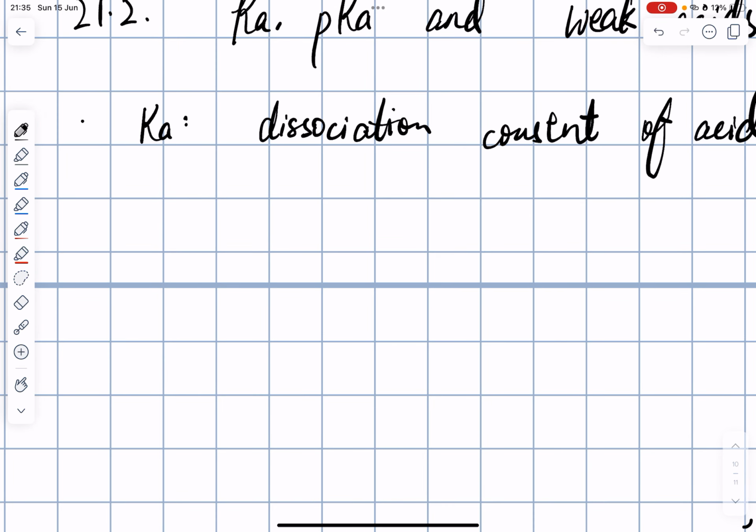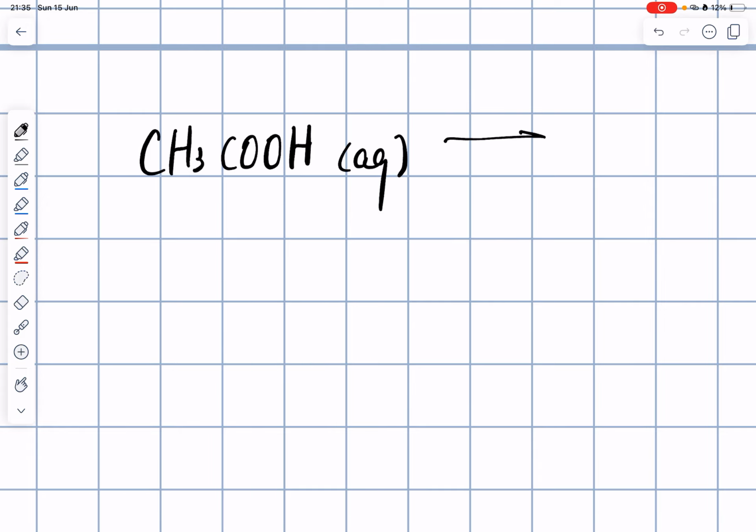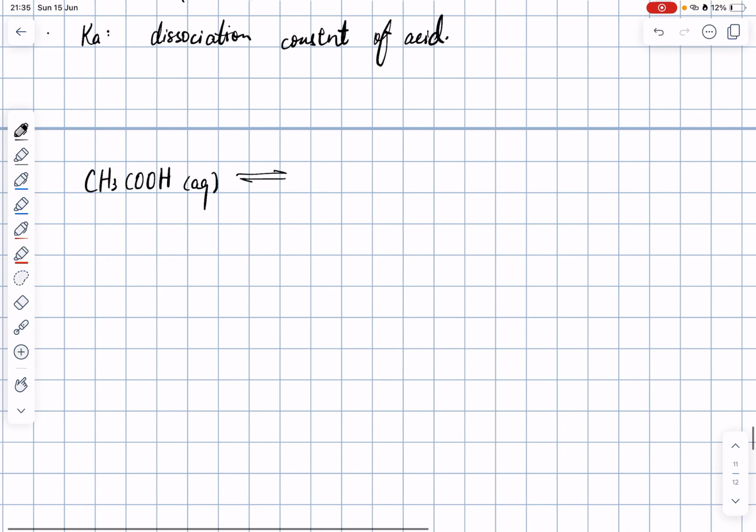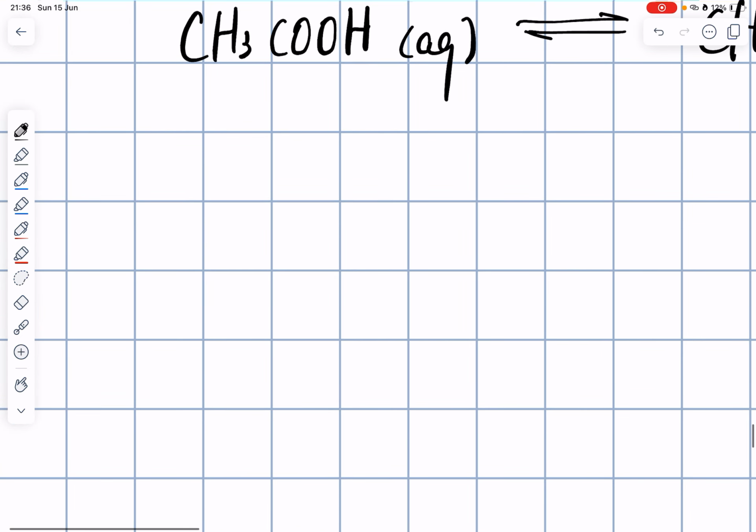Okay. So, for example, a good example will be ethanoic acid. Yeah, that's the right way to pronounce this. Like this, for example. There is an equilibrium here. So, how to calculate Ka?